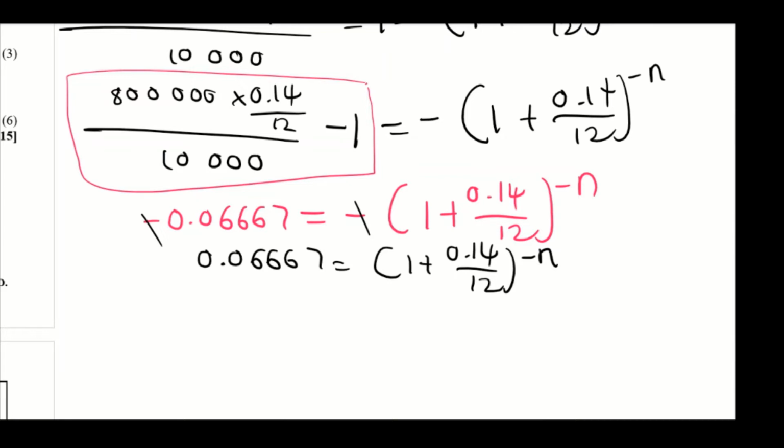If you remember your logs, if you have an exponent equals to, the exponent is outside, then you have your log, your base, and then your variable here. So in our problem, our exponent is going to be this one outside.